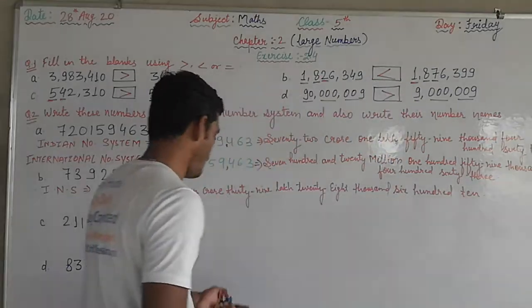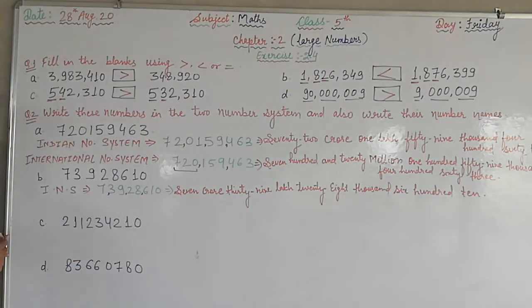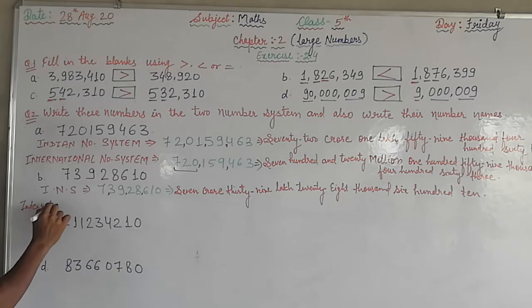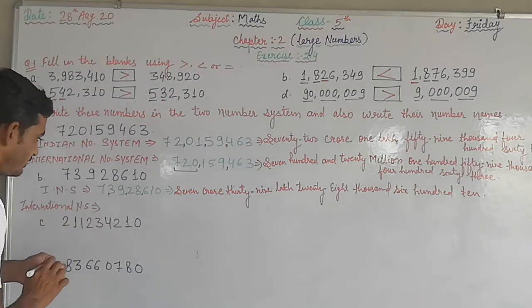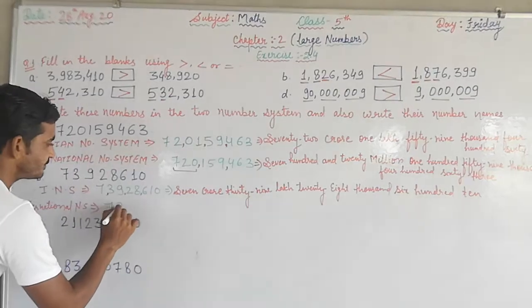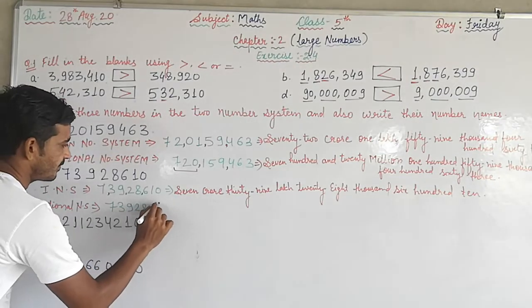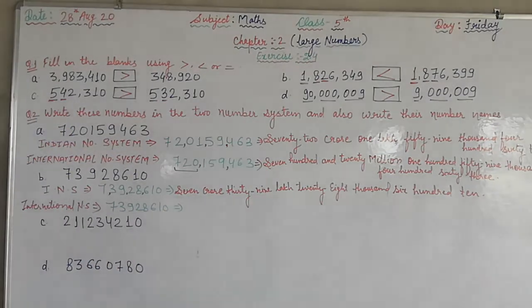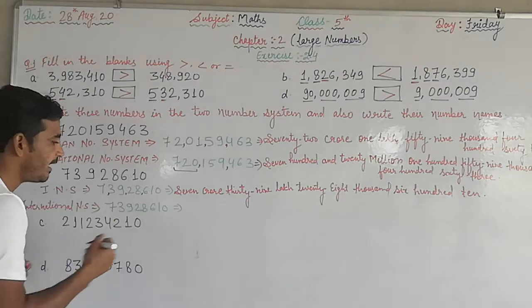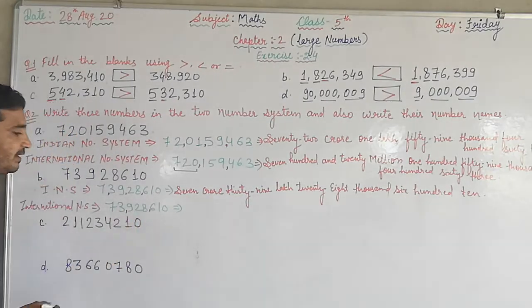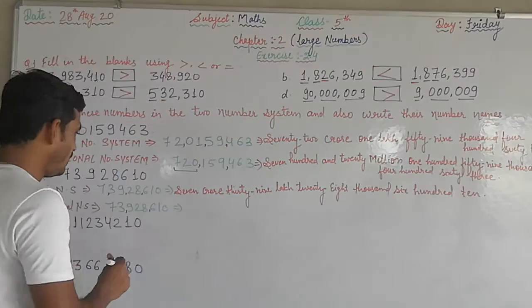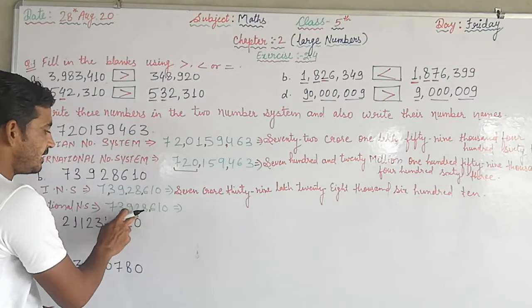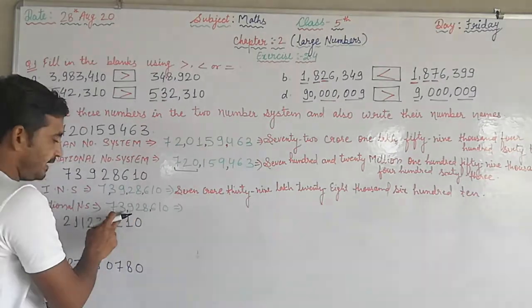Now you write it in the international number system. Write the digits, write the numbers. Now you place commas. In the international number system we place a comma after every 3 digits. Now write the number name. Ones, tens, 100, 1000, 10,000, 100,000, million, 10 millions.